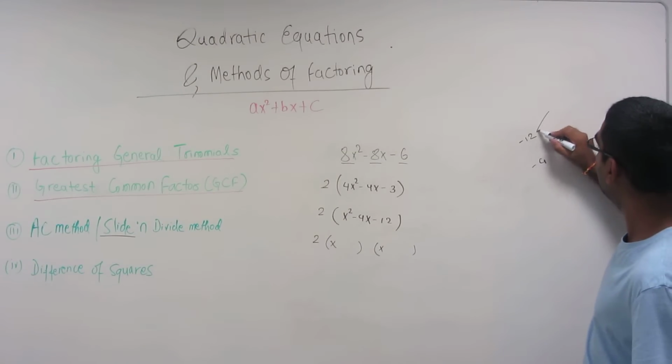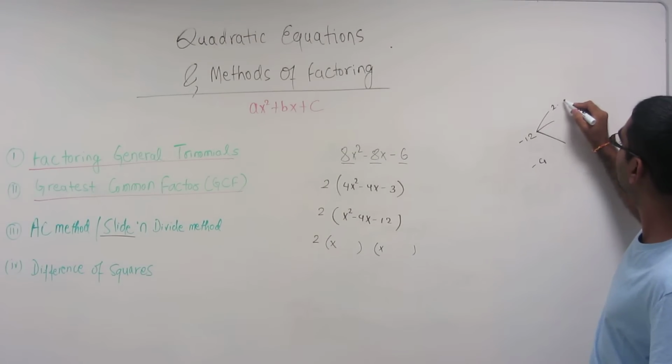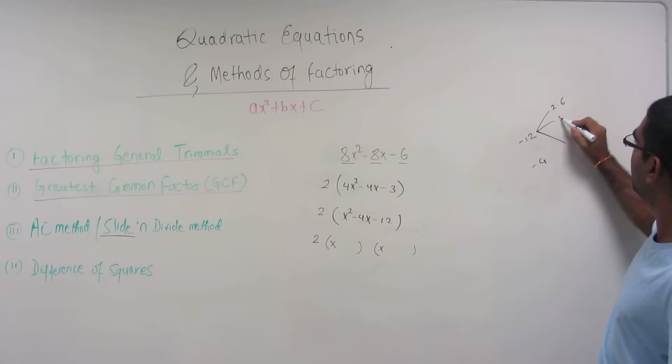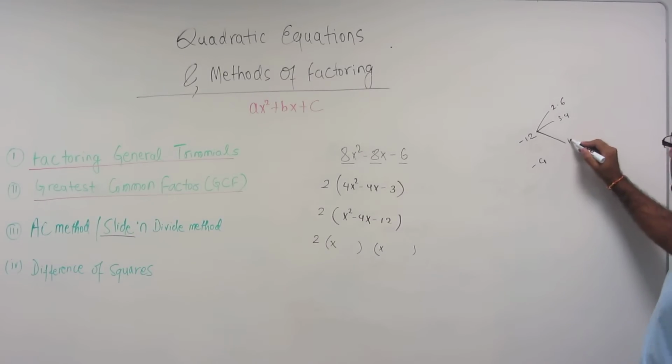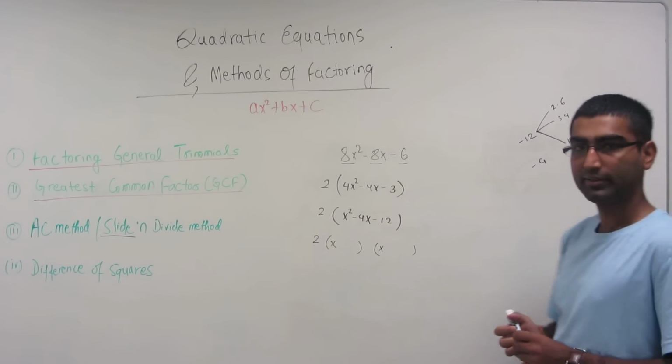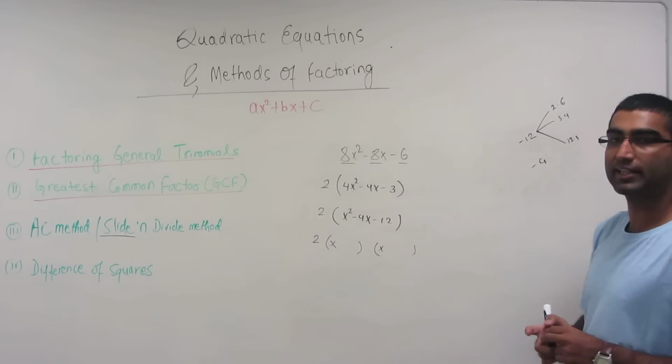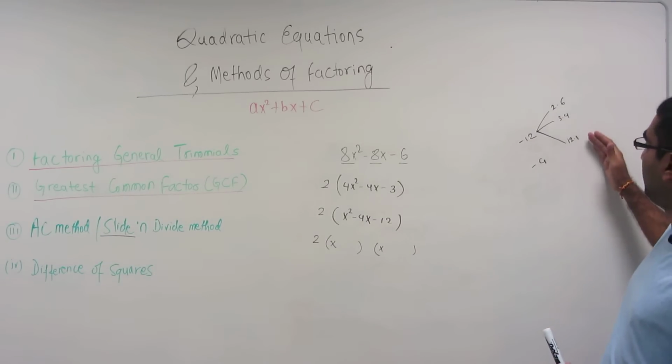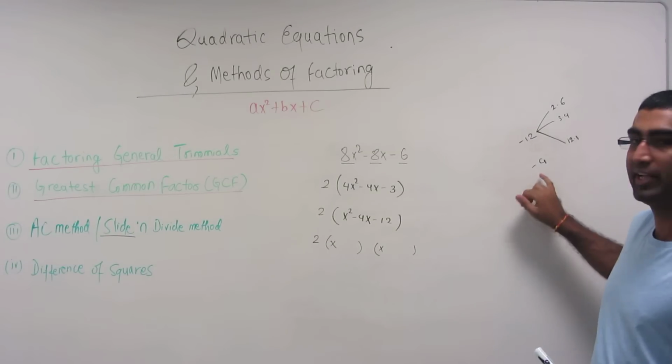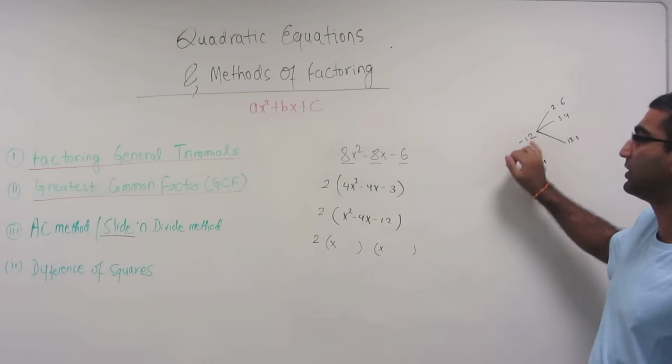Now 12, I can write as factors 2 times 6, 3 times 4, and 12 times 1. Now the way we pick factors, just like I said earlier, is that the sum has to be -4 and the product has to be -12.